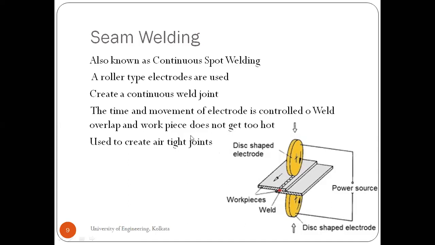So in order to create airtight joints, spot welding, as I told you, is similar to creating stitches or rather stapling. If you are using a stapler and you're stapling two sheets of paper together, the staples will be at certain gaps.